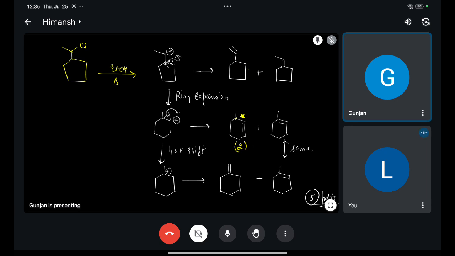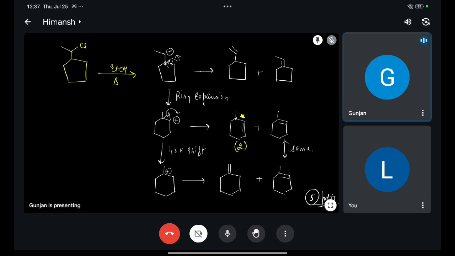One, two, three, four, and this will be five, and this shift six. These two are the same. Got it?